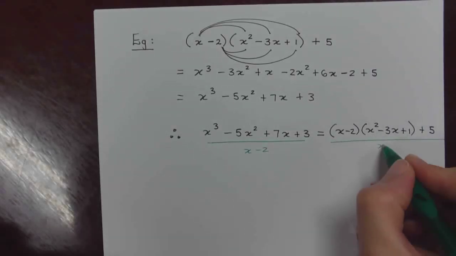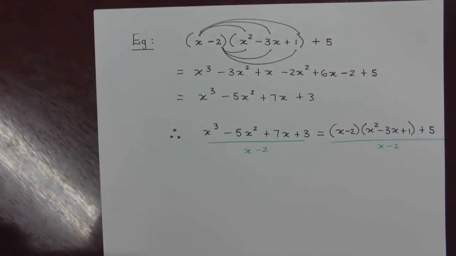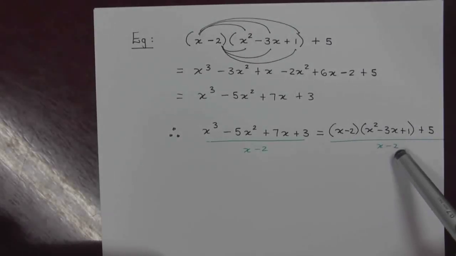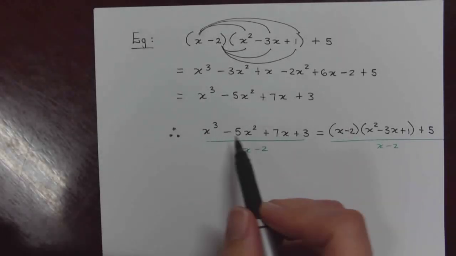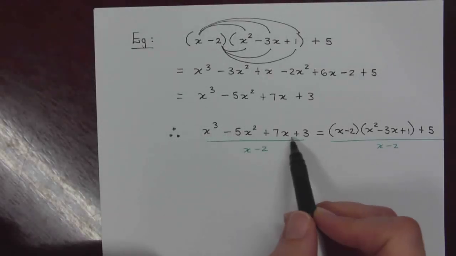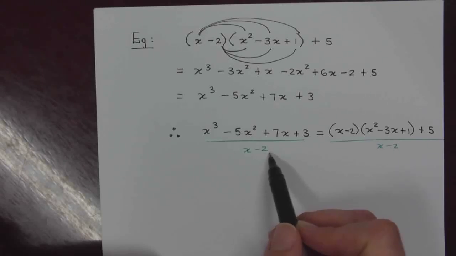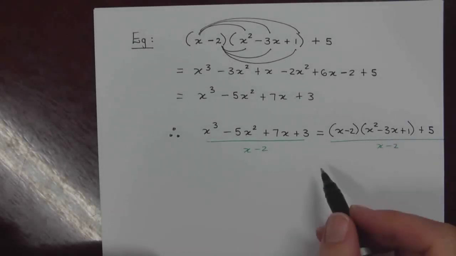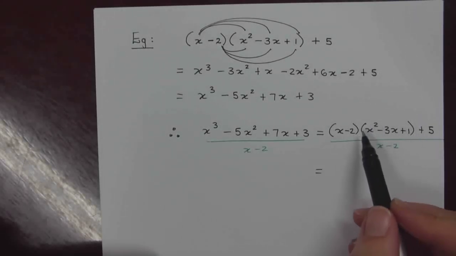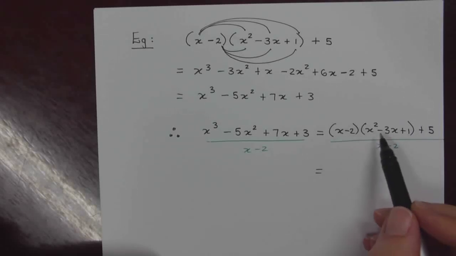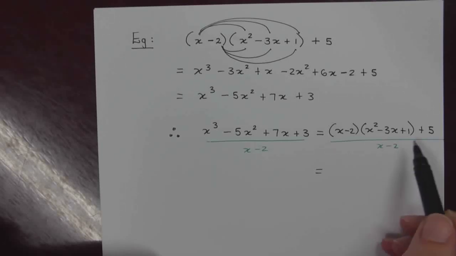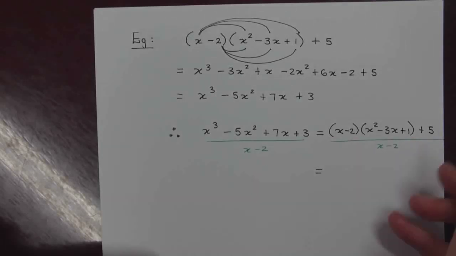Now the reason I want to do that is to help you with the next section where we're actually going to be doing these division sums. But you can then say, if I were to divide this polynomial by that polynomial, then the end result should be the following. Because there's a plus over there, I can use my distributive law and I can say it's the first term divided by that plus the second term divided by that.